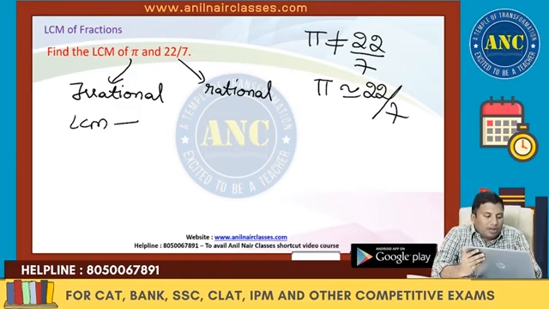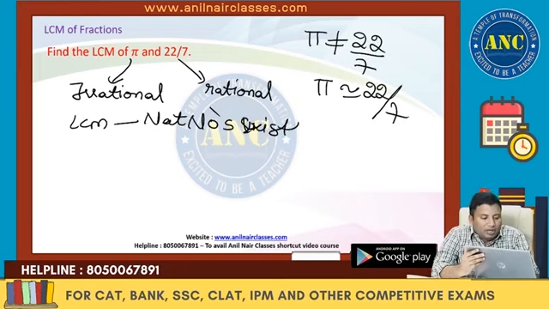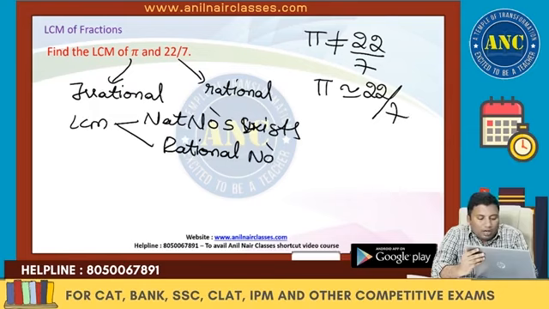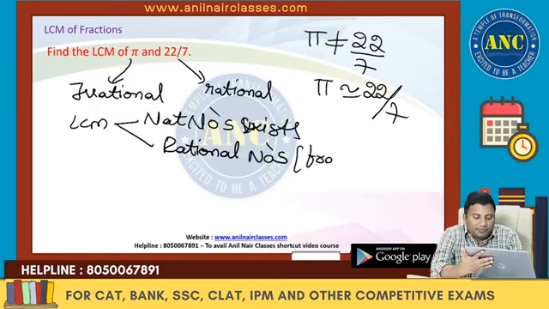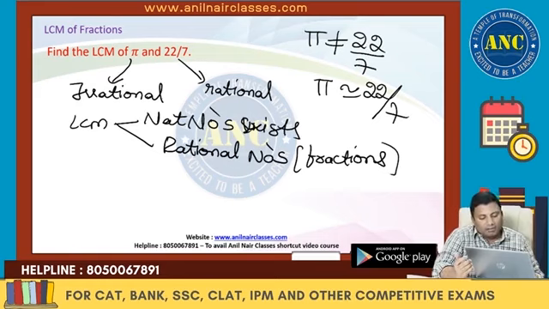LCM for natural numbers exists, you can find it out. LCM for rational numbers you can find it out. Rational numbers is fractions. If the denominator is 1, then it becomes a natural number.